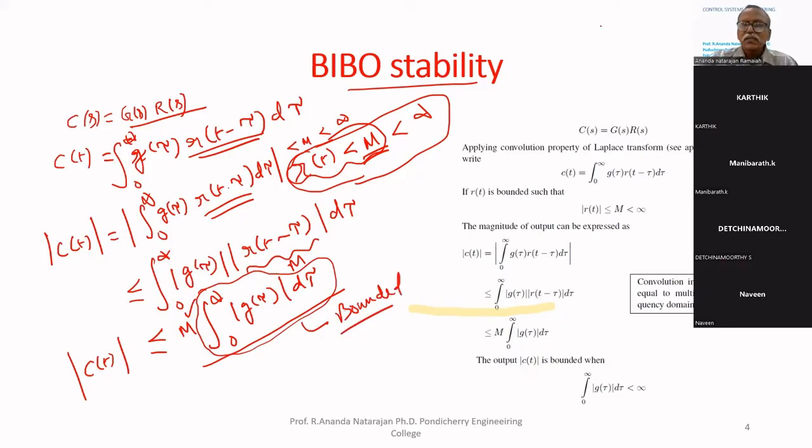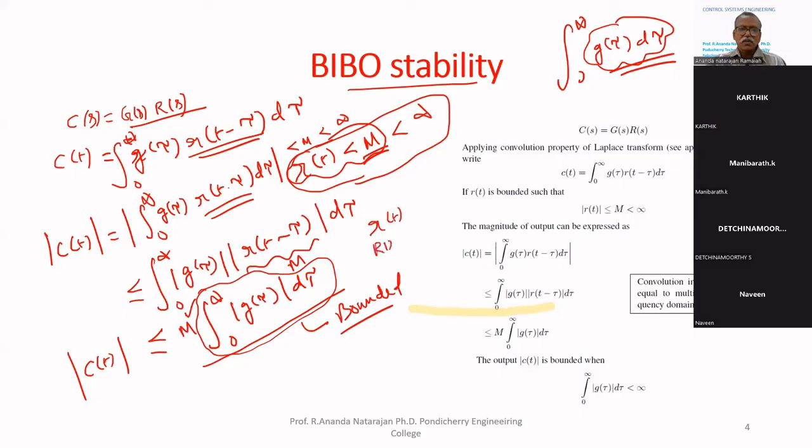What is the integral from 0 to infinity of G of tau d tau? It is nothing but the impulse response. What is impulse response?